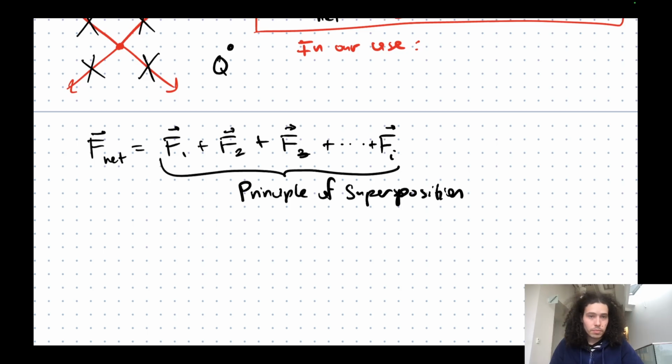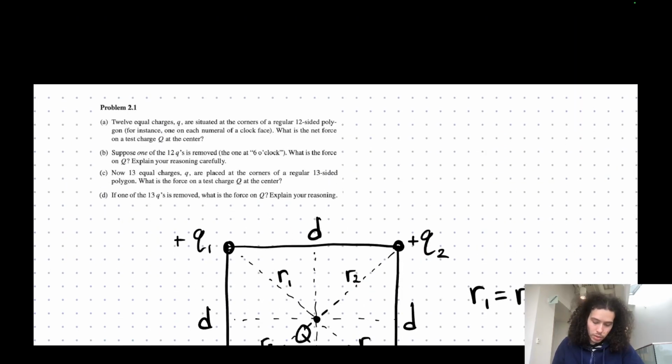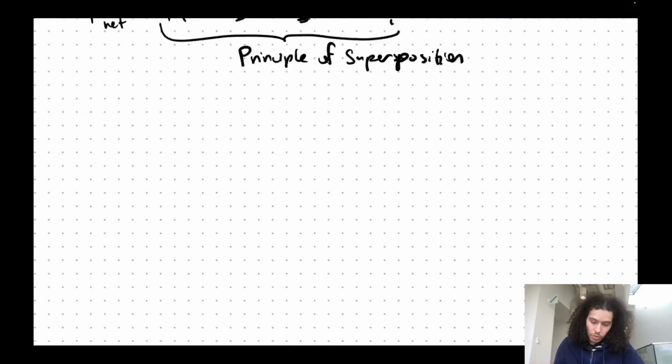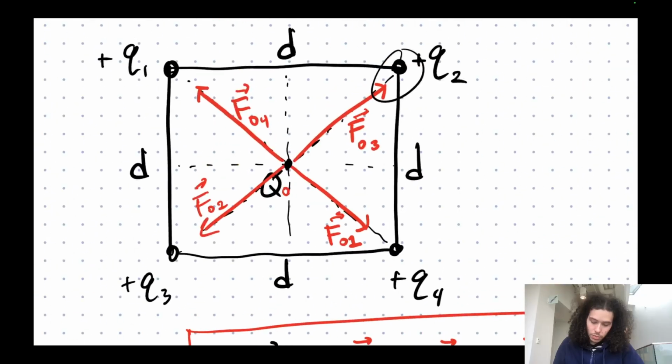And in this case, I think that segues into part B of this problem. Suppose we had a four-sided polygon, four-corner polygon, and suppose we remove one of the charges. What happens? Well, think about it.